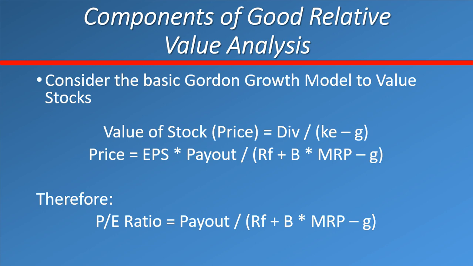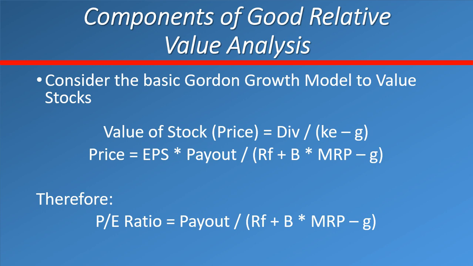If we move earnings per share over to the other side of the equation, we come up with the price-earnings ratio. Price divided by earnings per share equals the payout ratio divided by the risk-free rate plus beta times the market risk premium minus growth. This is a great formula to always have handy because it tells you a lot about what relative value analysis is doing.